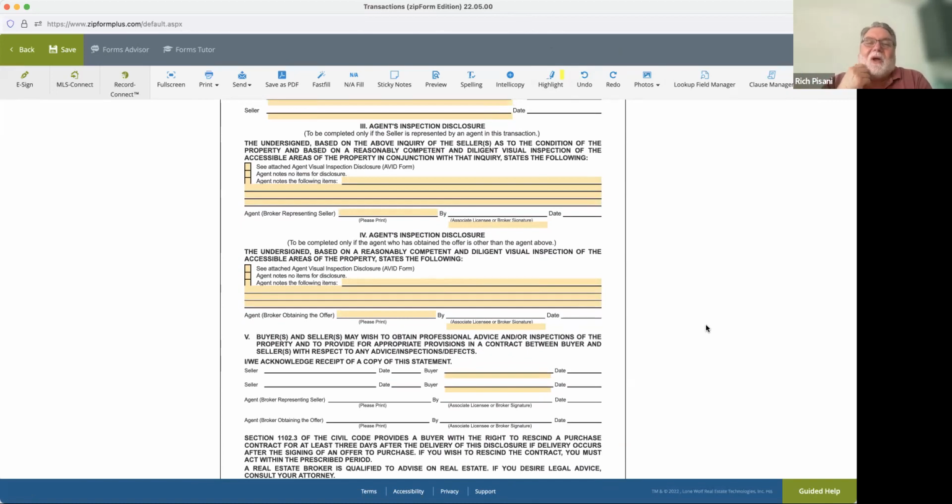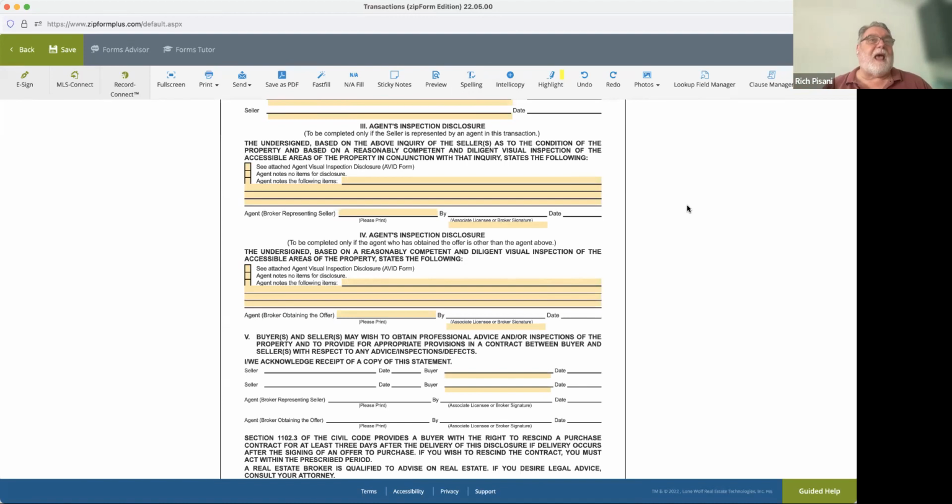All right, so the next section, the agent's inspection disclosure, is really, really important if you are the listing agent. If you are the listing agent, for one thing, every one of our offices requires an AVID. This is required by law, by the way, that an agent do a visual inspection.